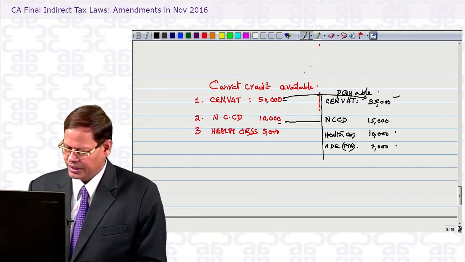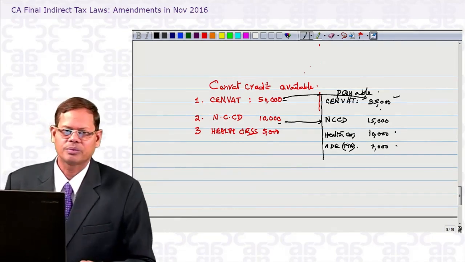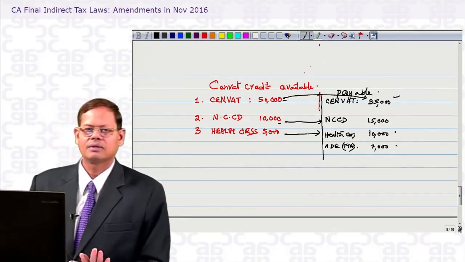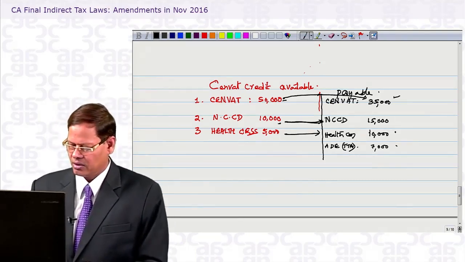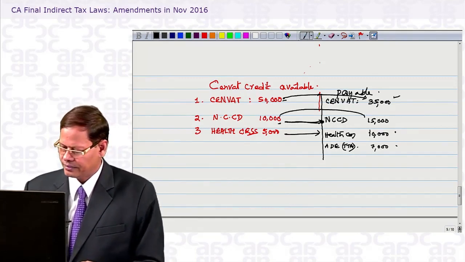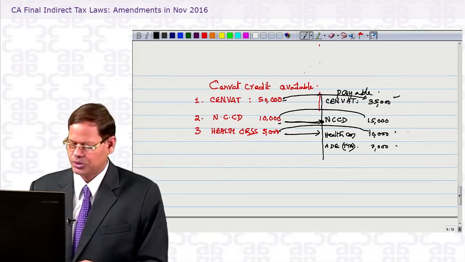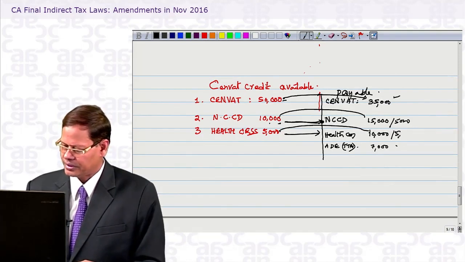It is based on the one-to-one correlation principle, and health cess only for health cess, horizontal matching, not otherwise. So this can be used here and this can be used here. There is no issue, but there is a balance. There is a shortage of 5,000.